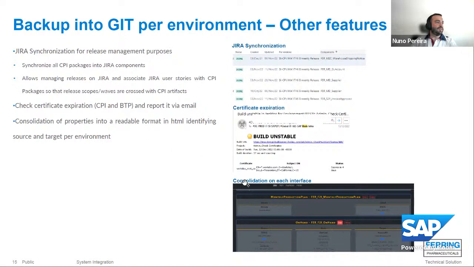In the end, we also have a consolidation tool, which you can see printed here, where the CSV of the external parameters I showed previously is the source of this information.